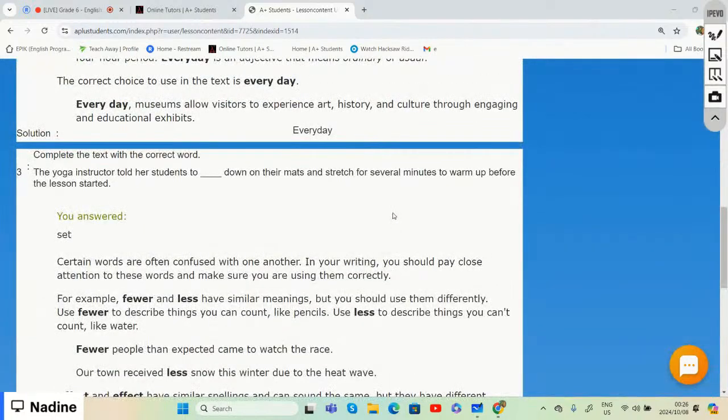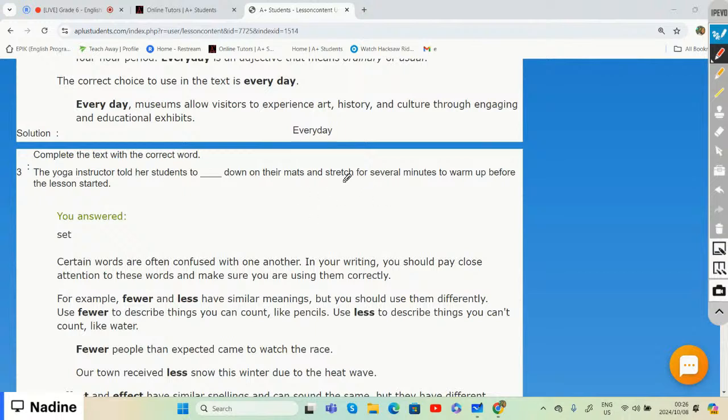So the yoga instructor told the students to sit. So do we continue with the word sit, or we're going to say set? Which one is correct? Sit or set? The yoga instructor told the students to sit or set down on their mats and stretch for several minutes to warm up before the lesson started.